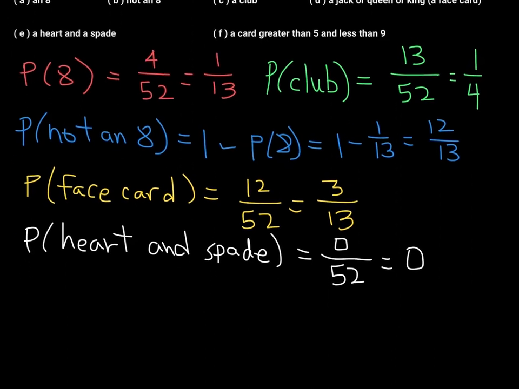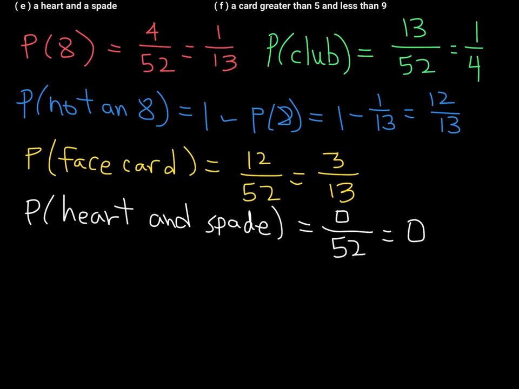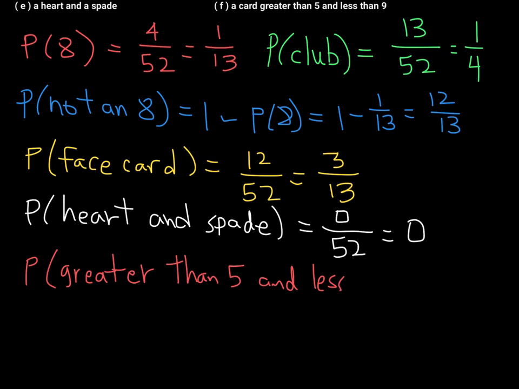So, let's go with the red again. The probability of greater than 5 and less than 9.